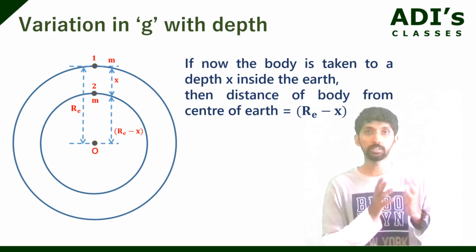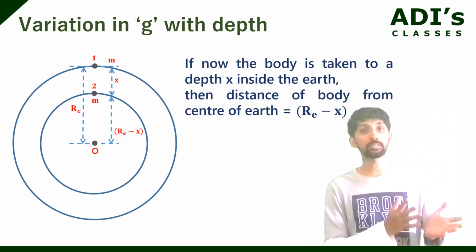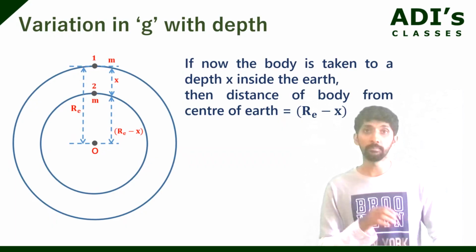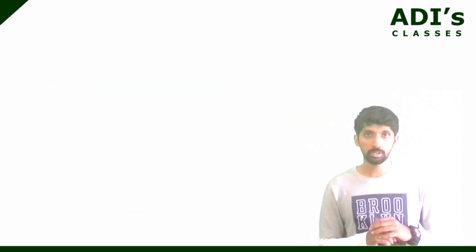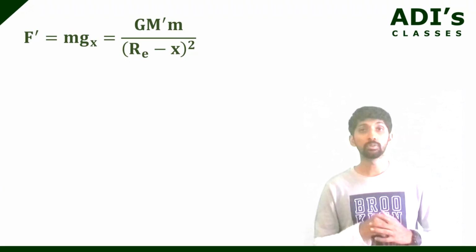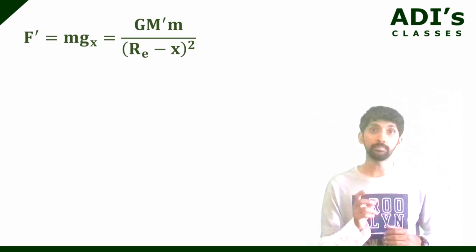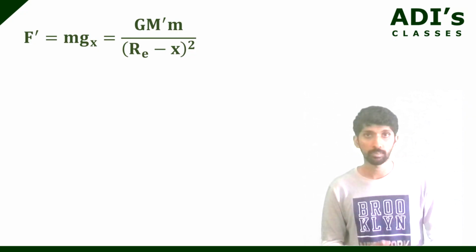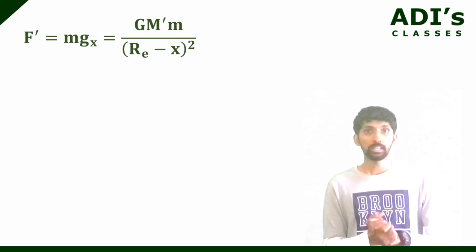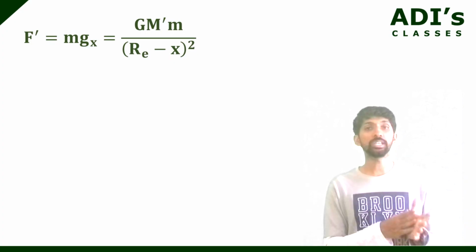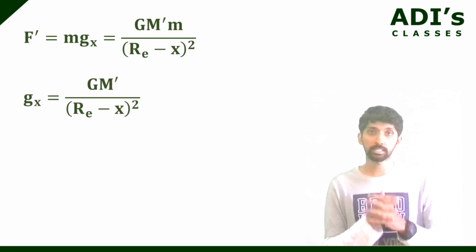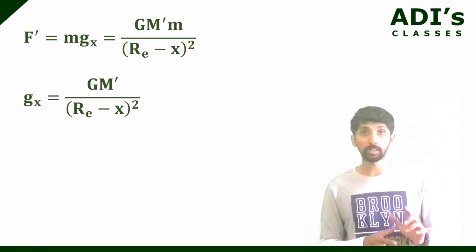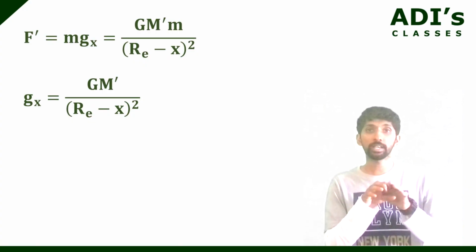Now, for this again we will have to calculate the acceleration due to gravity. So, we will consider Newton's second law and Newton's law of gravitation. We have F dash is equal to m into g_x, is the force, and F dash is equal to G M dash m divided by R_e minus x whole square. So, we get g_x is equal to G M dash by R_e minus x whole square. Remember, we are looking at a point where we can write a sphere.